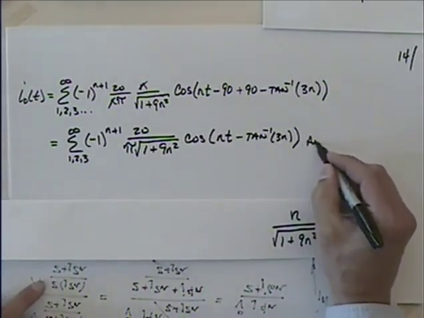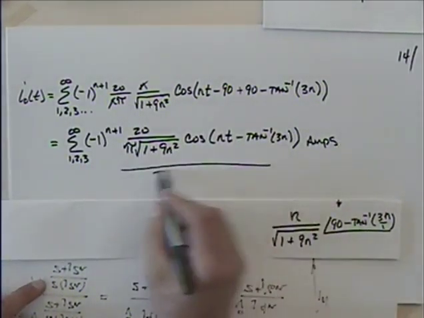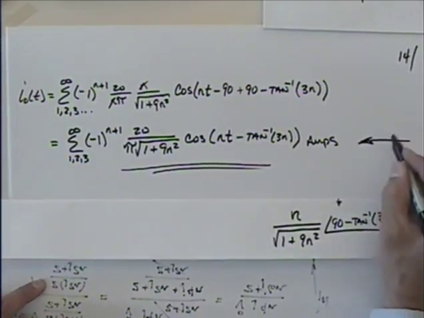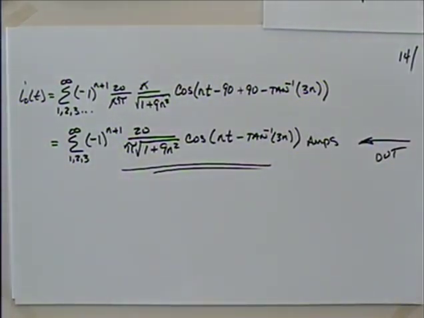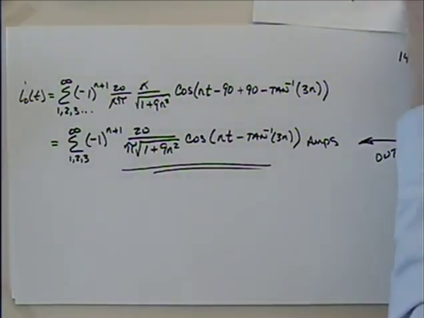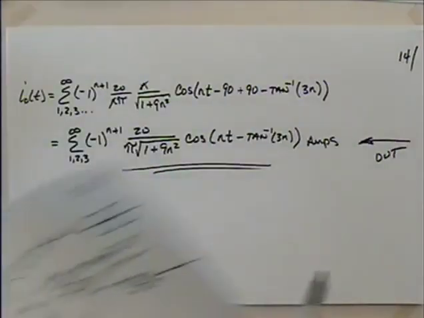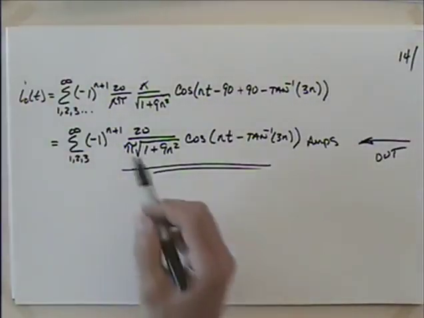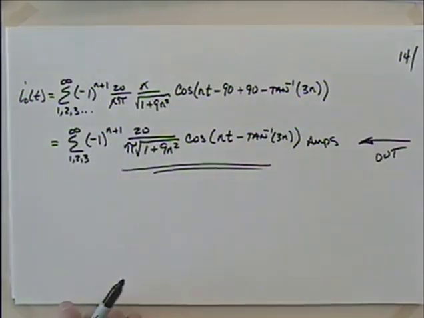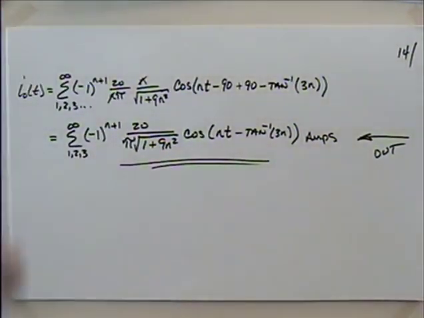There's amps. And that's my output. If I wanted to tidy it up a little bit more, I guess I could bring the 20 and the pi outside. I don't know that that would make it any better. I think I'll just leave it like that.